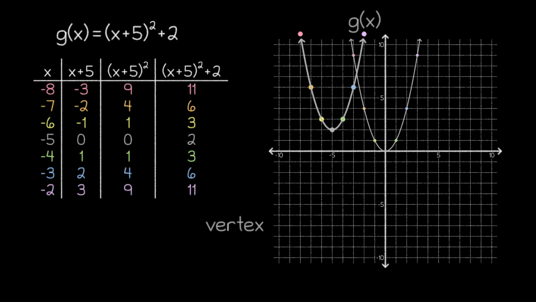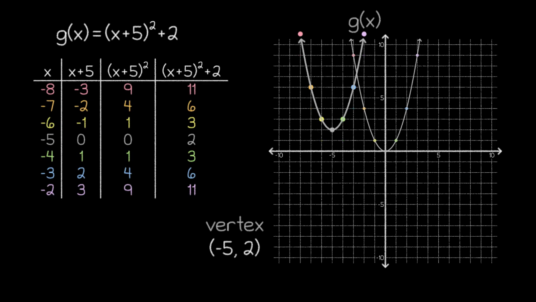In the parent function, the vertex is located at the origin. But after the graph shifted 5 units left, the vertex moved to this new point. Then, the graph shifted up by 2, which moved the final location of the vertex to this point.